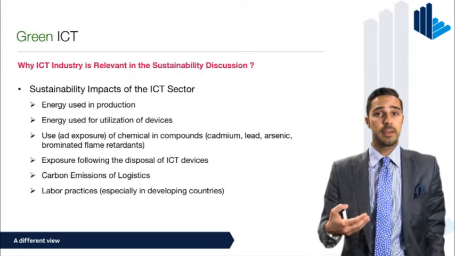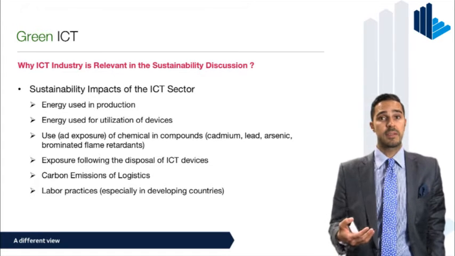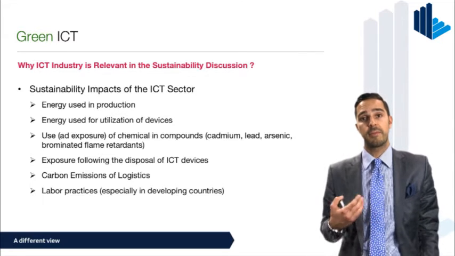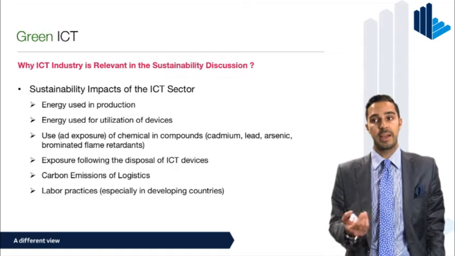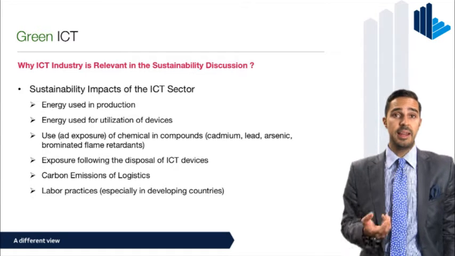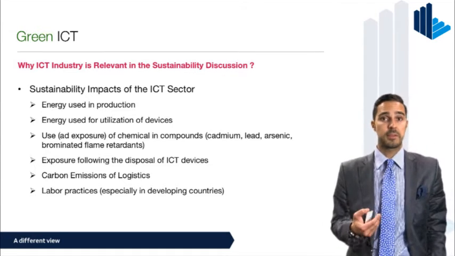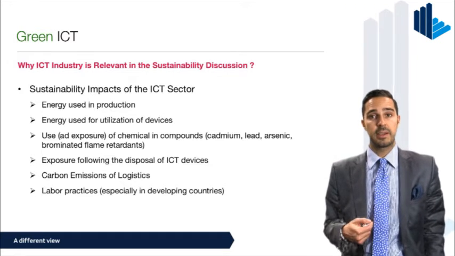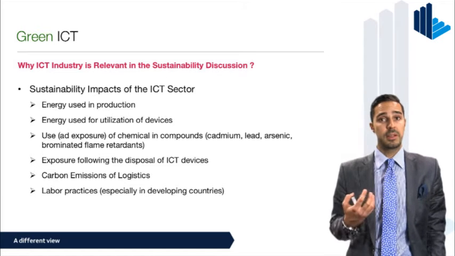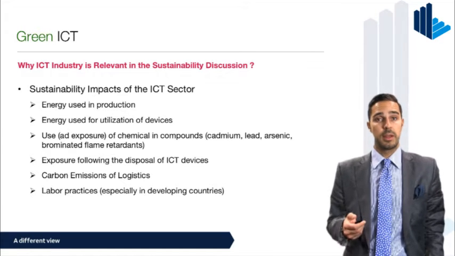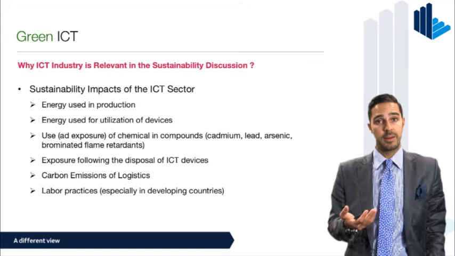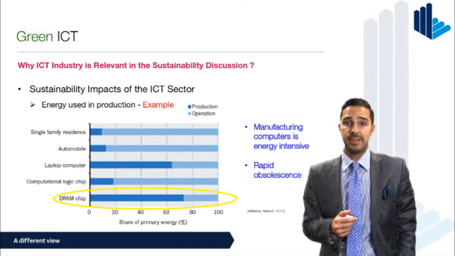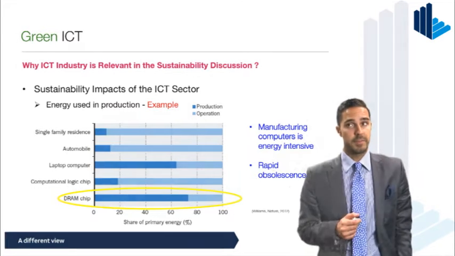This means that the impact of logistics is very relevant, so carbon emissions associated with logistics need to be examined in this context. And then there is the problem of labor practices. Most ICT companies manufacture in developing countries, and often this is linked to labor problems and problems with local communities.